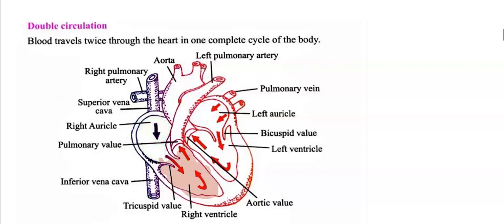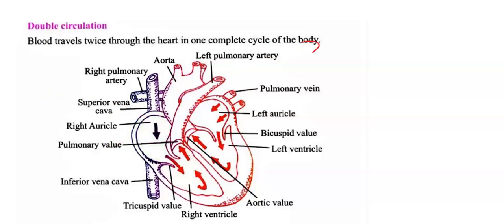From the right auricle, it goes to the right ventricle. From the right ventricle, it goes back to the lungs for reoxygenation through the pulmonary artery.